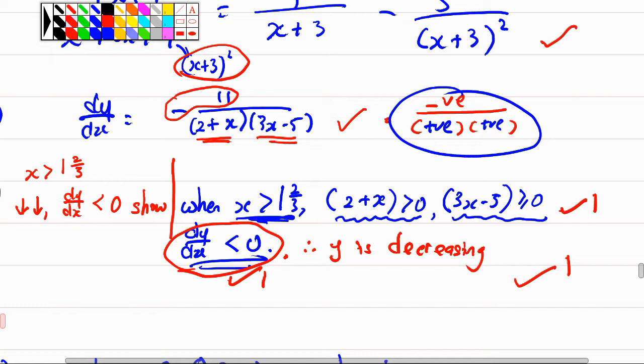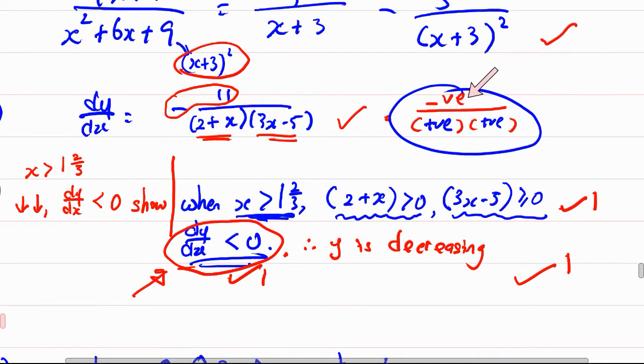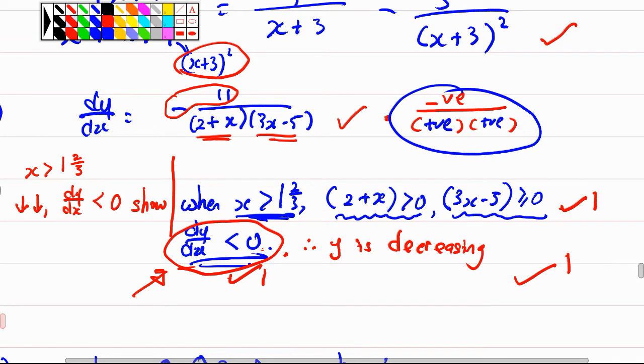You got to show something so that this is less than 0. So this is you tell them it is less than 0. If you start with this, the question is how do I even tell them that it's less than 0? Oh, because over here this is a minus, this is a plus, this is a plus. Whatever number x is, overall is less than 0. So because of these two more than 0, this is less than 0. Therefore, it is decreasing.